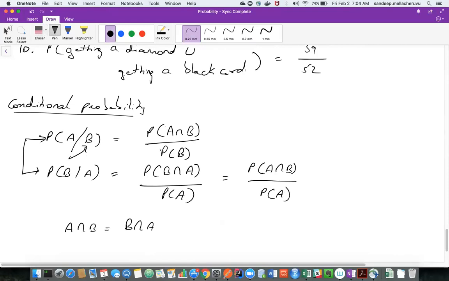Here B is given, so it is probability of B. Here A is given, so denominator is probability of A.